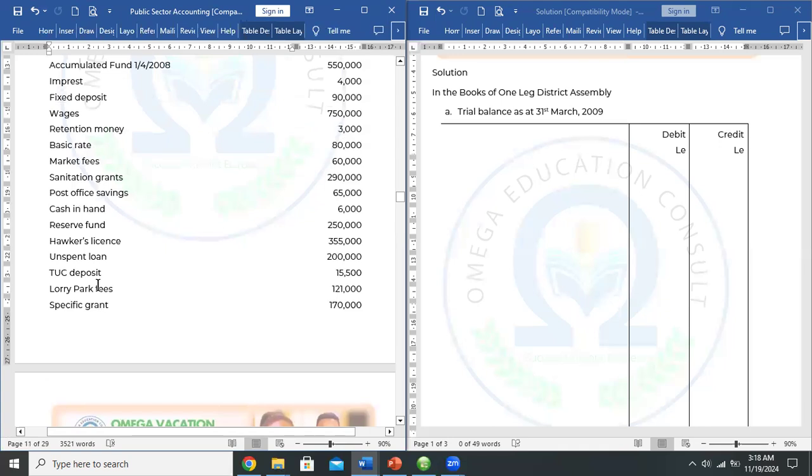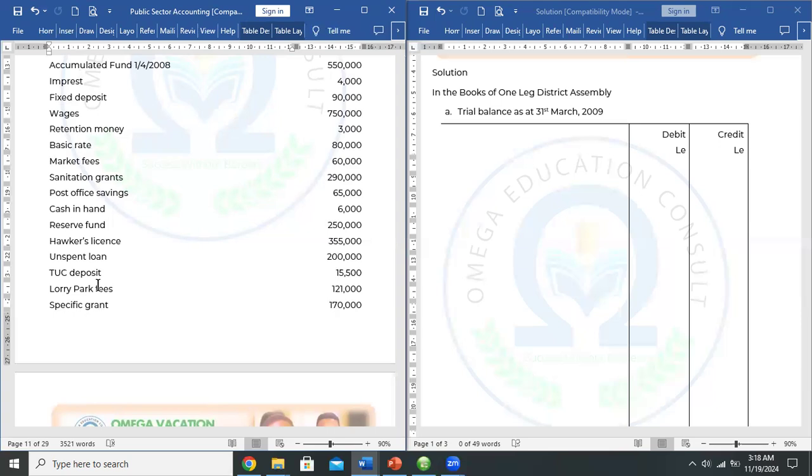Now, we are not going to refer to that as capital for the government. We'll refer to it as fund, right? Accumulated fund and all the other funds you can think about. Okay, great. So it is for us to appreciate the nature of these items as to whether they are asset, liabilities, expenses, revenue to the government.